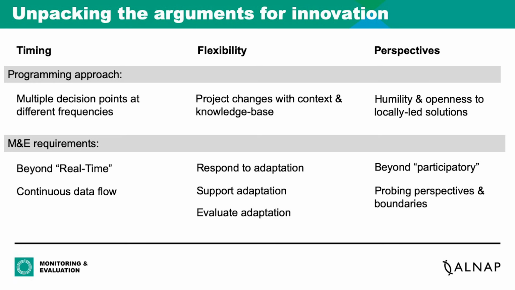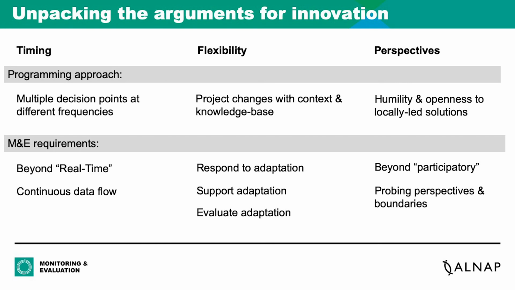Secondly, supporting that adaptation. So as I mentioned with timing, if you're able to provide data and assessment that is available continuously and can support ongoing decision making, then you can also support the kind of adaptive thinking processes that we're talking about here. So if program teams need to be constantly testing and retesting their assumptions, essentially experimenting rather than just implementing, then really what we need is an M&E system that can actually feed into that in a supportive way.